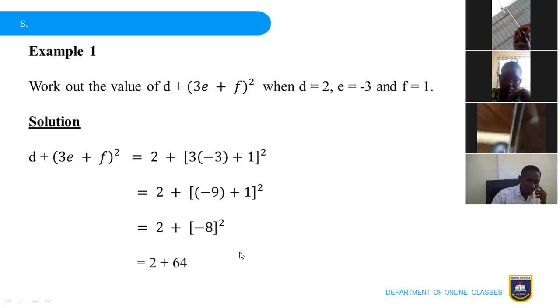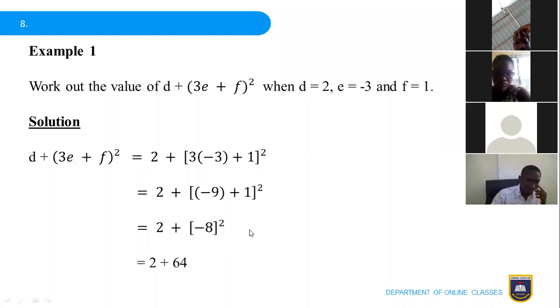If you square the whole expression in the bracket, it gives you 64. So your 2 plus 64 will now give you 66. That is the suggested solution we have here.